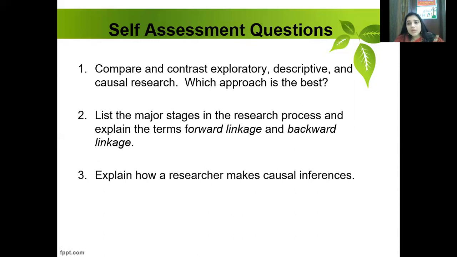For example, you know that promotion of products is affecting your sales. For example, you know that launching a new product in this area would definitely affect the sales of your another product as well. So that is how you'll be going for causal research. So these are the inferences through which you know how to go with that.